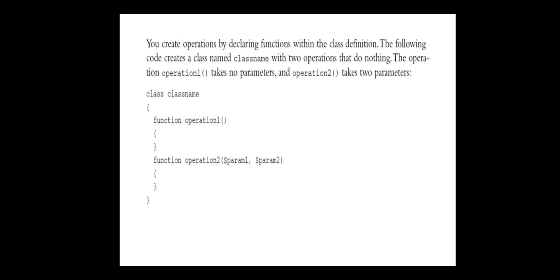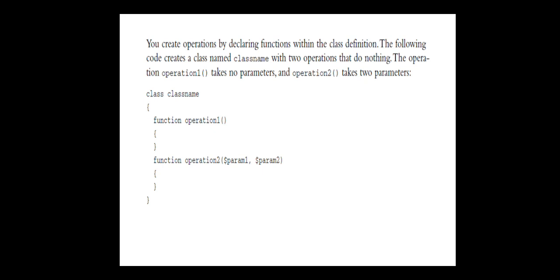you create the operation by declaring the function within the class definition. The following code creates a class named ClassName with two operations that do nothing. Operation 1 takes no parameter and operation 2 takes two parameters. Okay, so here you can see the function declaration with parameters and without parameters, right?